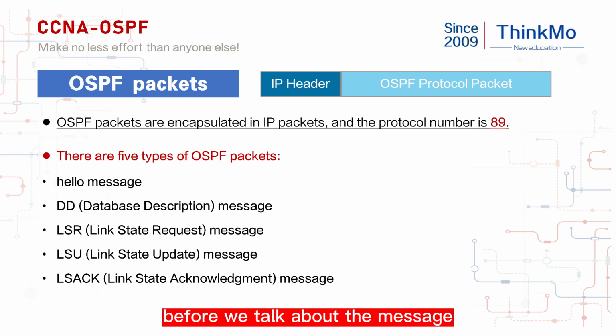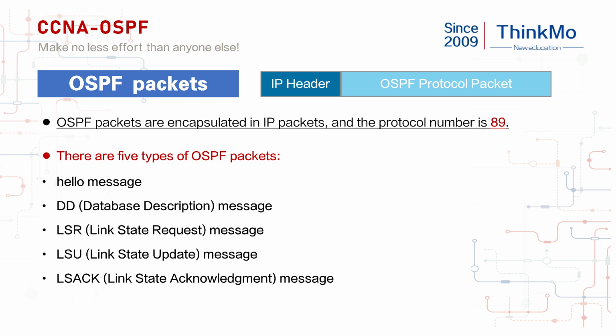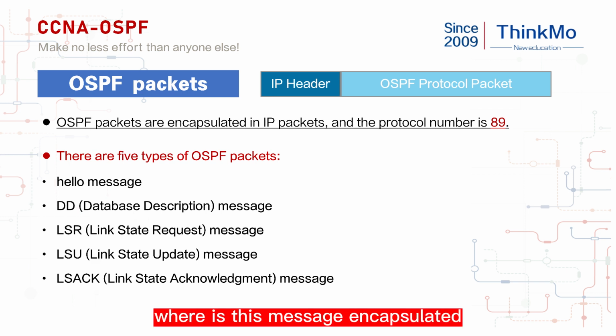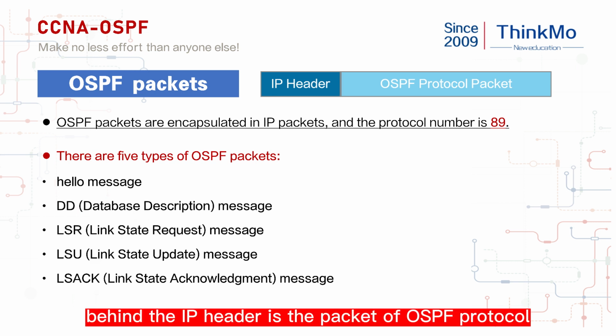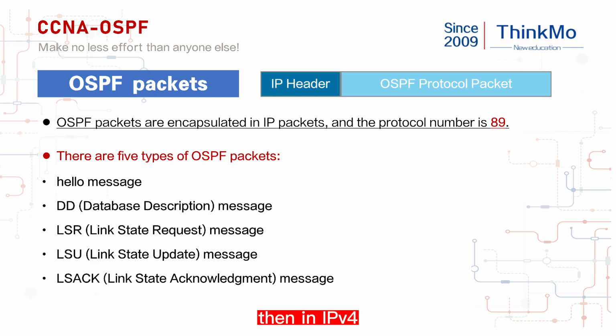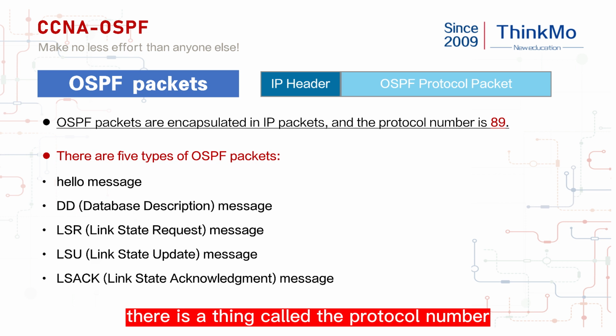Before we talk about the message, first you have to know where OSPF works. That is, data encapsulation. Where is this message encapsulated? It is encapsulated on top of the IP layer. Everyone can see, preceded by an IP header, and behind the IP header is the packet of the OSPF protocol. In IPv4, as I have also said, there is a thing called the protocol number.